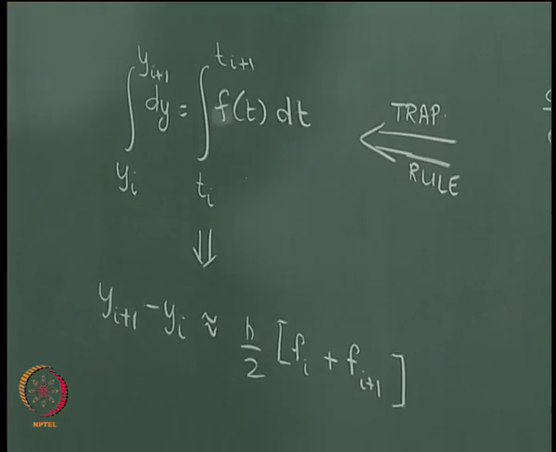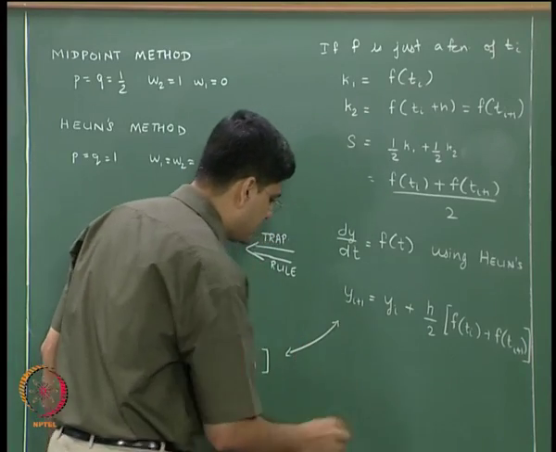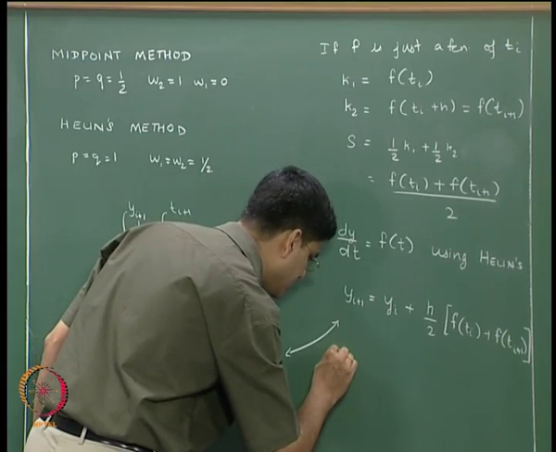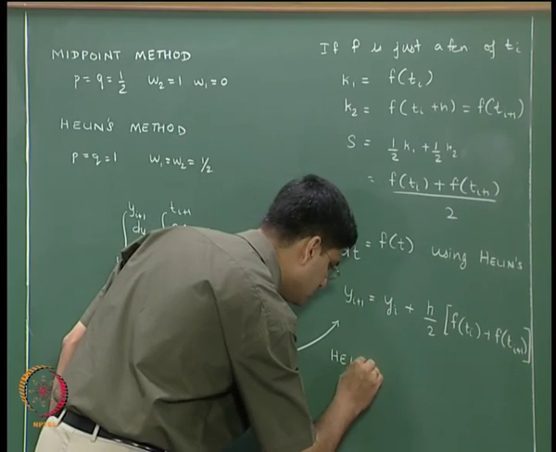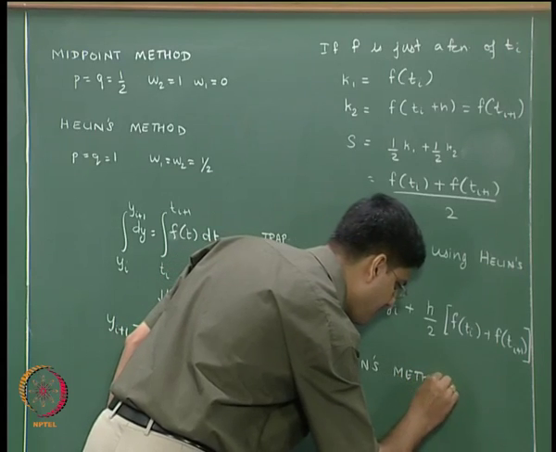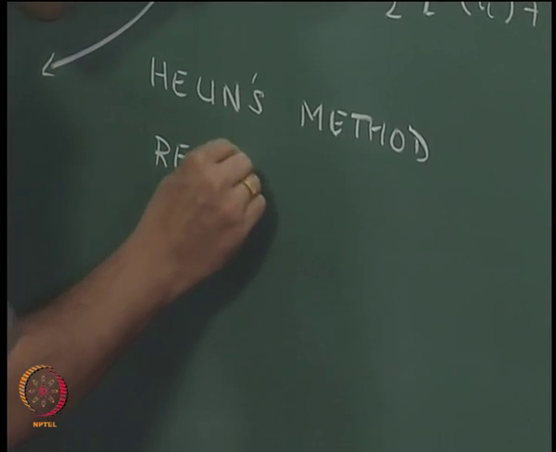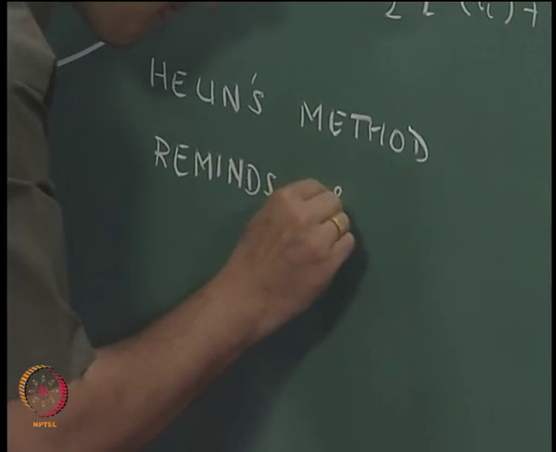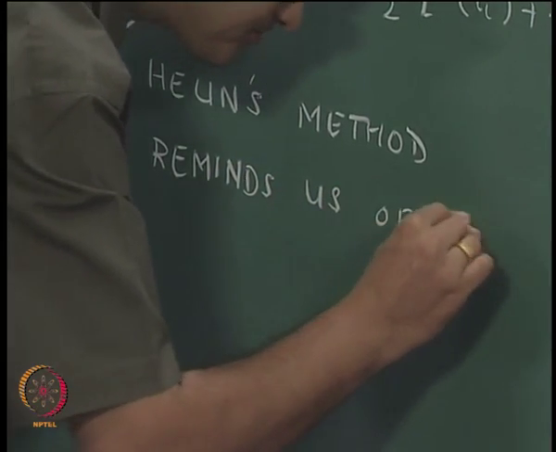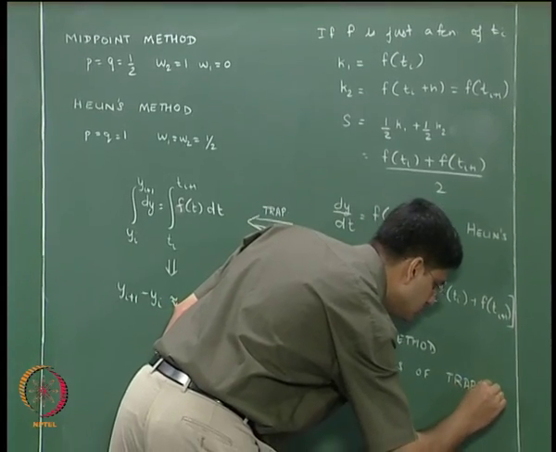Okay. So for this reason I had made a statement that Heun's method reminds us of the trapezoidal rule.